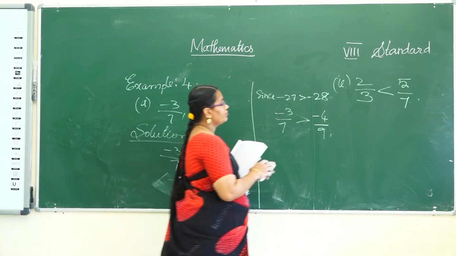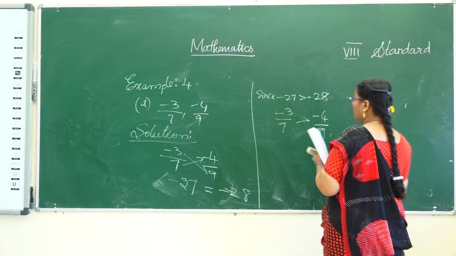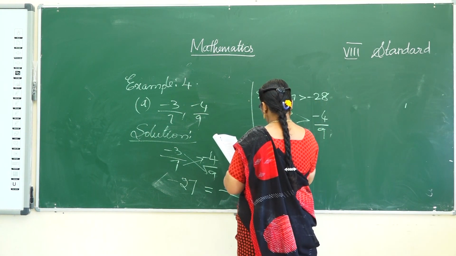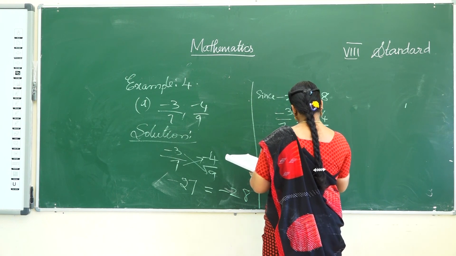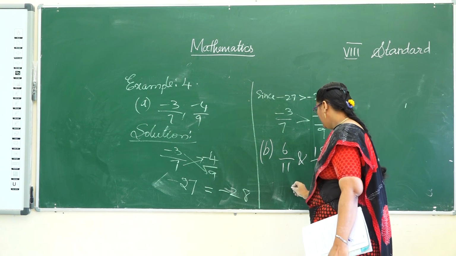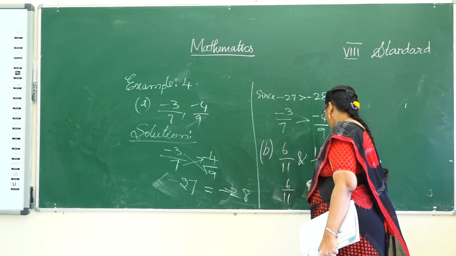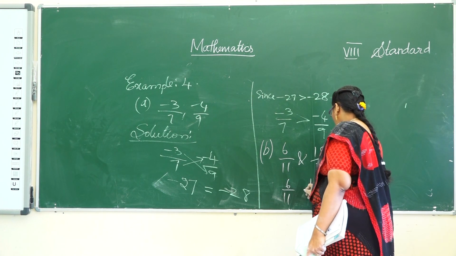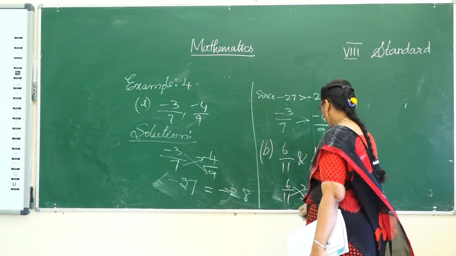Okay. Another option, problem B: 6 by 11 and 18 by 33 are given. The same method: 6 by 11 and 18 by 33, cross multiply.